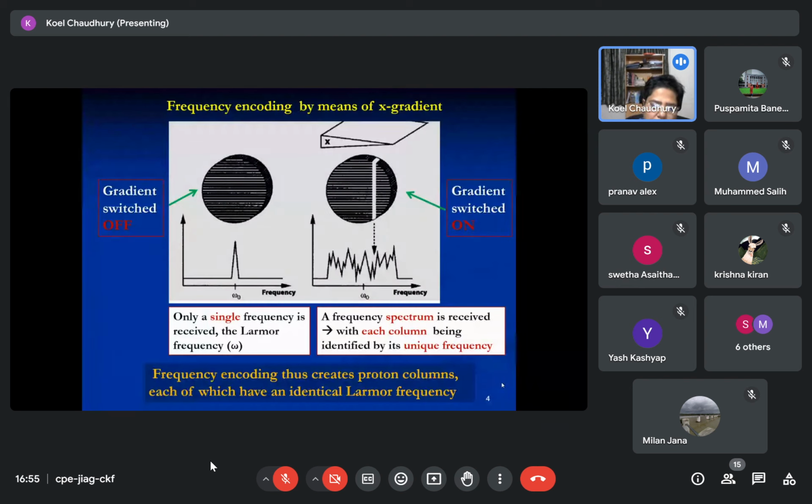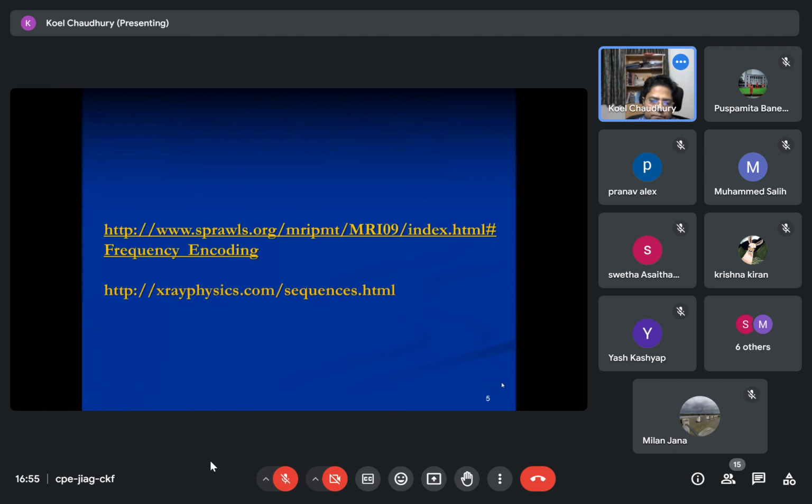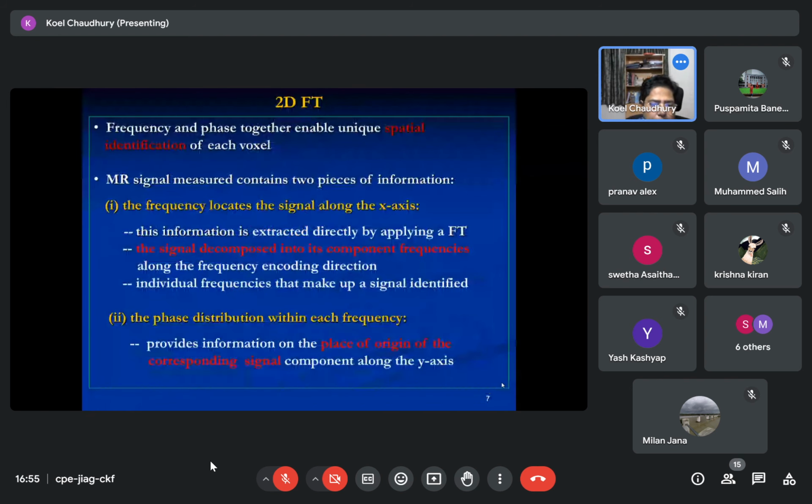We are going to break up this frequency into component frequencies. And the phase provides information on the place of origin of the corresponding signal. Now things are becoming better. For each voxel, you will know which place of origin the signal corresponds to.